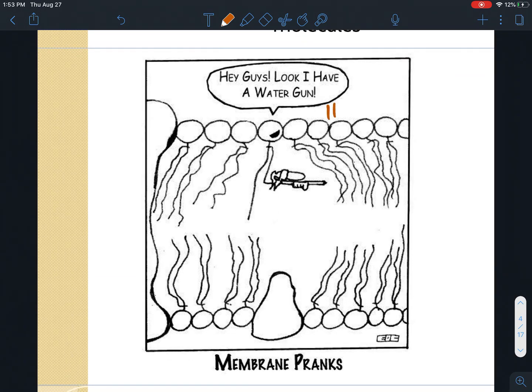So we've got the hydrophilic on the outside and the inside of the cell. And then we've got hydrophobic on the interior of the membrane. And so if you've got a little phospholipid with a water gun here, that's going to create mass chaos, right? Those little tails do not like water, and they don't want it around. So the tails are on the inside of the membrane, and those are hydrophobic.